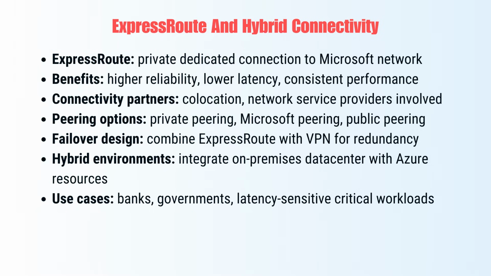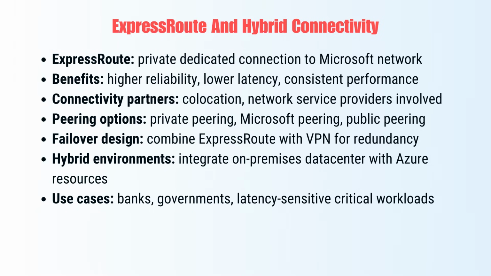ExpressRoute supports different peering options, including private peering for traffic to Azure VNets, and Microsoft peering for accessing Microsoft SaaS services like Microsoft 365 in some scenarios. For resiliency, many organizations combine ExpressRoute with VPN. If the private circuit fails, a site-to-site VPN can serve as a backup path, improving availability.